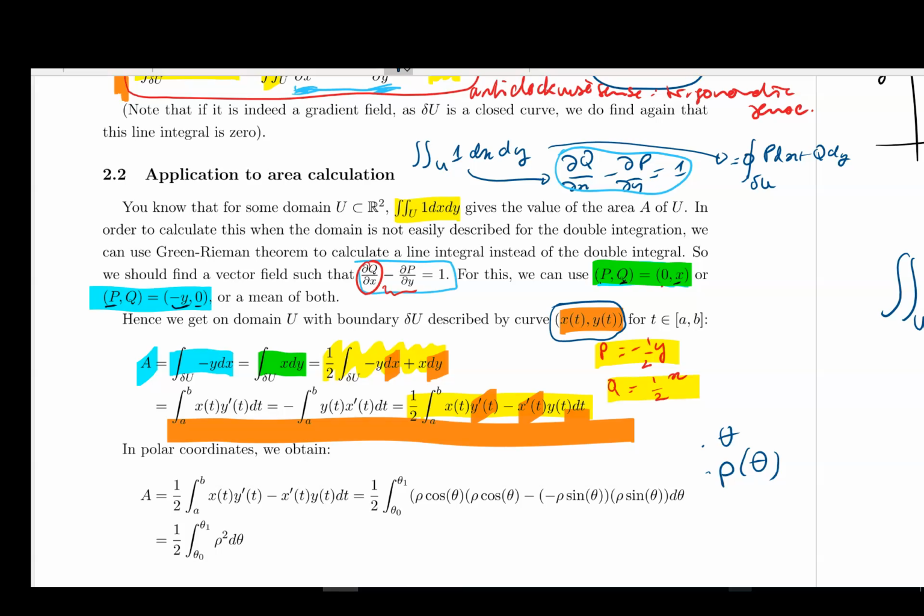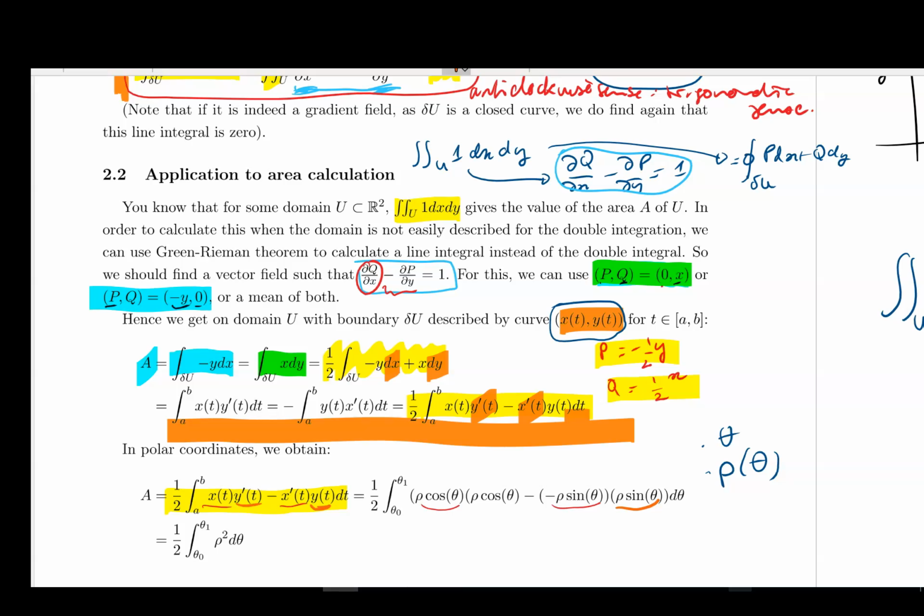Well, you just adapt the previous formula, the last one, 1 over 2 of x y prime minus x prime y, to polar coordinates, so that x of t is just going to be rho cos of t, and y of t is rho sine of t, the usual polar coordinate substitution.